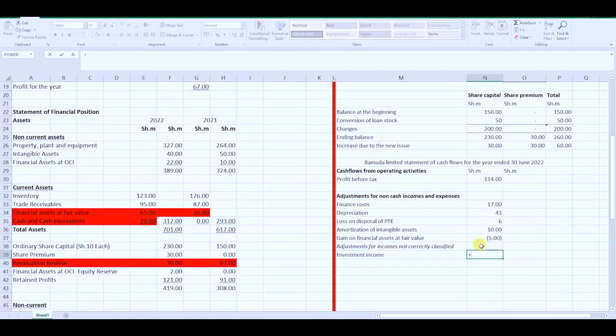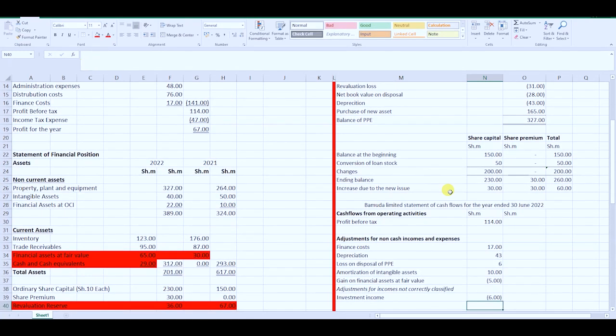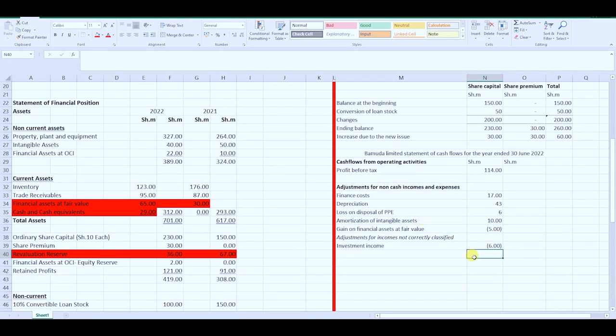So we just put in investment income there, but it should be negative. It should indicate that that is negative 6. So those are the adjustments for non-cash incomes and expenses there.